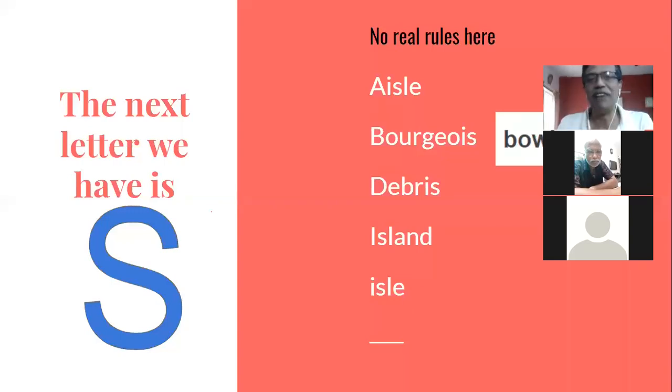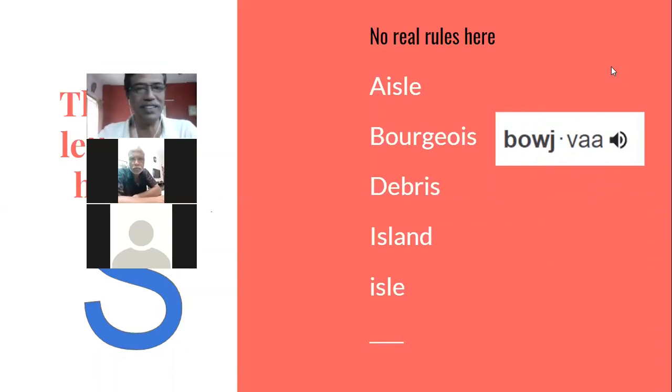The next letter we have is S. There are no rules, but a few words have a silent S, that is aisle, bourgeois. This is a French word. French have a very typical way of pronouncing. They write something and pronounce it the other way. So it's bourgeois. Meaning, please look up dictionaries.